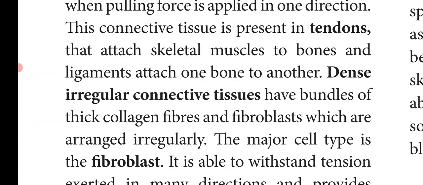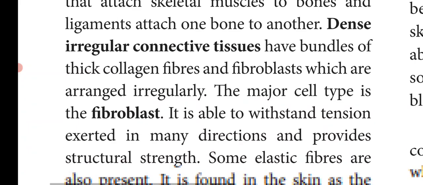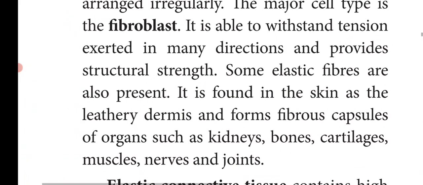Some elastic fibers are also present, and it is mainly found in the skin as the leathery dermis and forms the fibrous capsules of organs such as kidney. Usually kidneys are covered by a capsule, isn't it? It also forms fibrous capsules of bones, cartilage, nerves and joints.